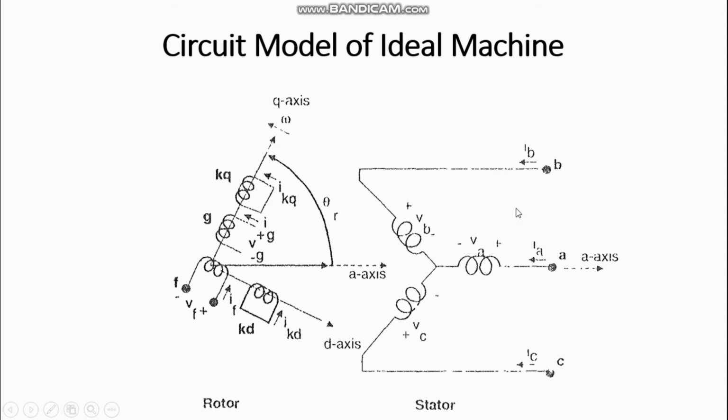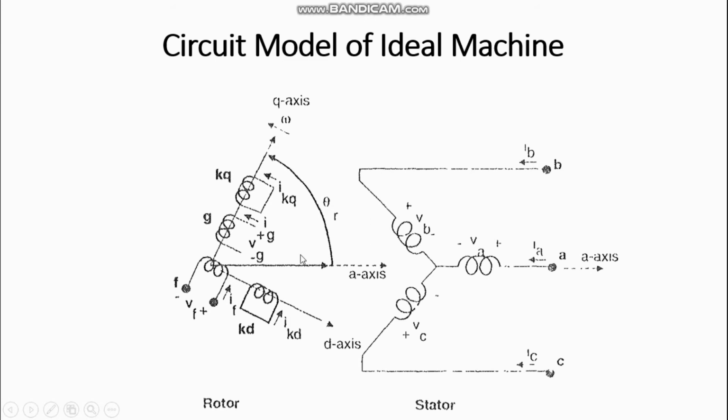One more thing I would like to mention is that we are considering motoring mode. Later on we can also consider the generating mode of the machine, and we will not have much difficulty in doing so. Now here, these ia, ib, ic, the inflow, indicate that your machine is operating in motoring mode.